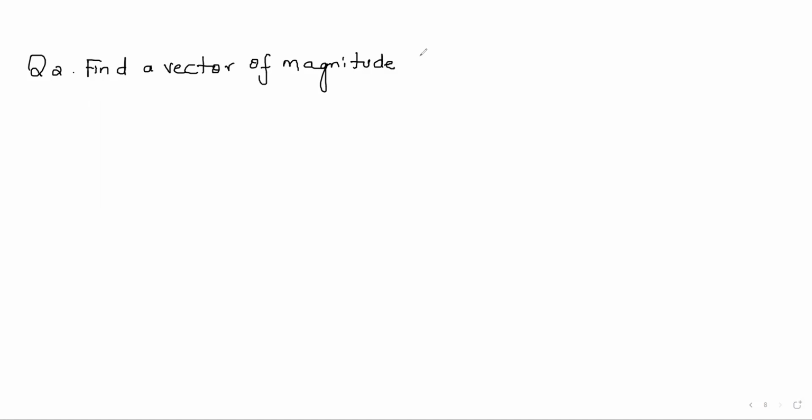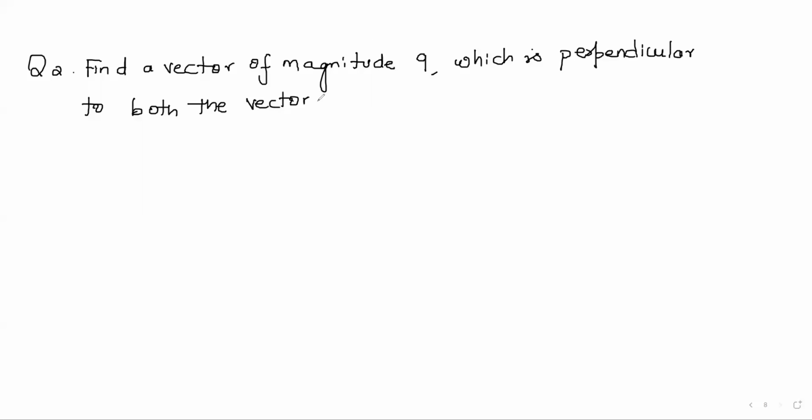Find a vector of magnitude 9 which is perpendicular to both the vectors 4i cap minus j cap plus 3k cap and minus 2i cap plus j cap minus 2k cap.